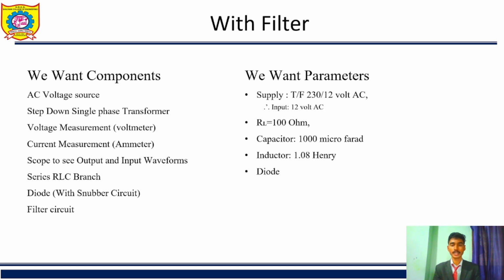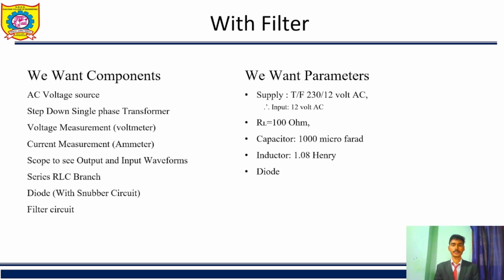Input waveform is a sinusoidal waveform and output waveform is pulsating DC, not pure DC supply, because the capacitor is used as a filter. We need the RLC branch. R is used as load resistor and capacitor is used as the filter circuit component, diode with the snubber circuit.